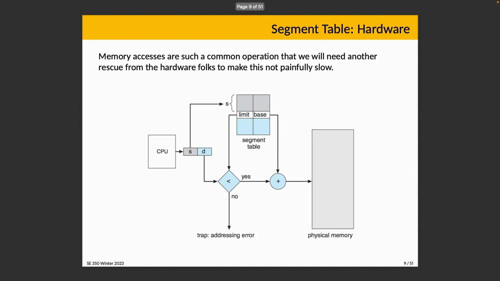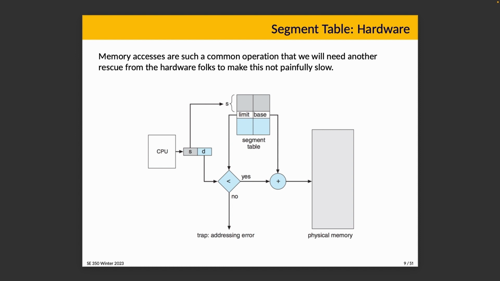As you may also expect, because memory addresses are very common, the expectation is we need some hardware to make sure this is not painfully slow. And yeah, here's a diagram showing what happens. The CPU issues an address. The first X number of bits, exact amount varies by implementation, represents the segment, and then the remaining bits, D, represents the offset.